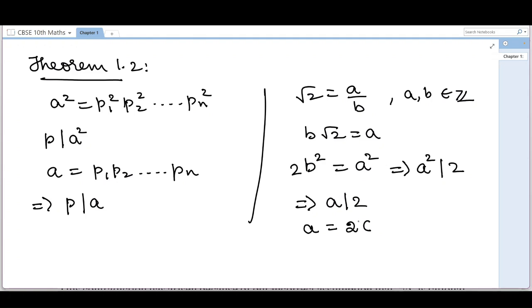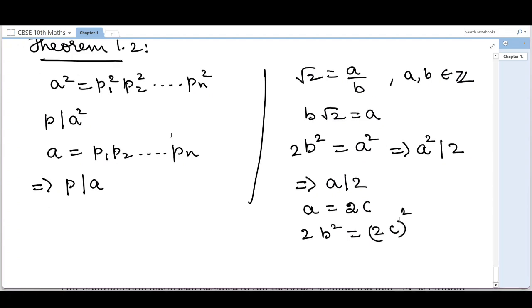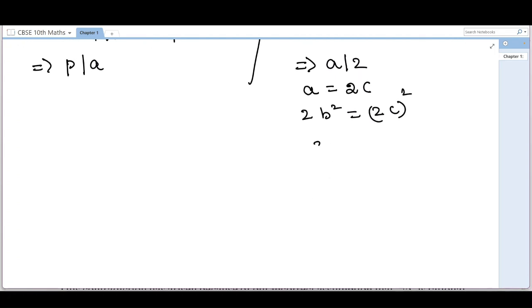If I apply this value of a in the above equation, I will get 2b square equal to (2c) whole square, which is 2b square equal to 4c square. So again rewriting this, I will get b square equal to 2c square.